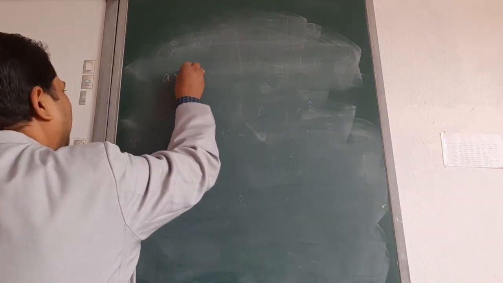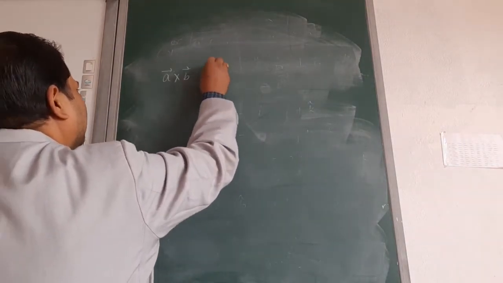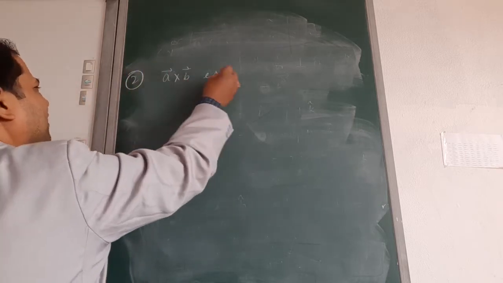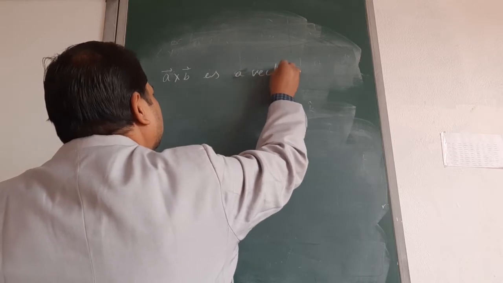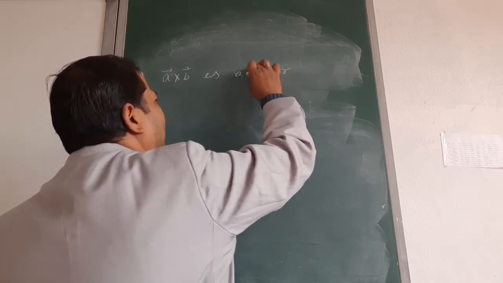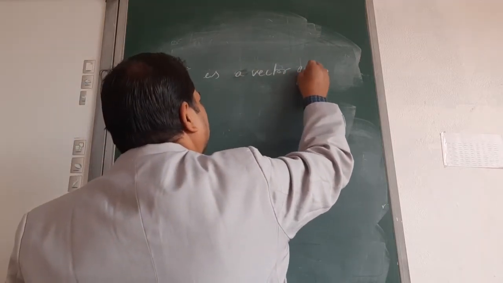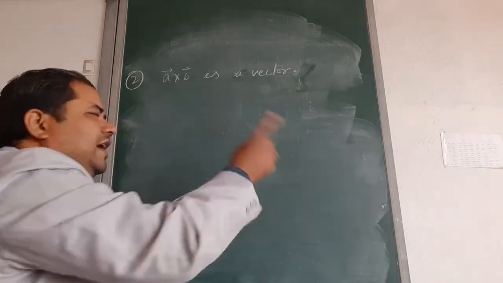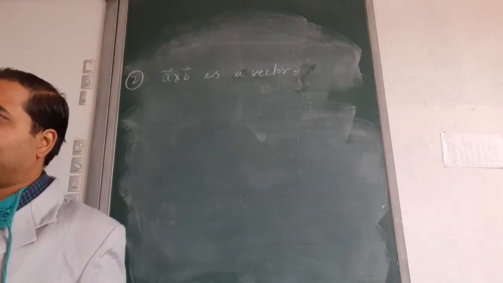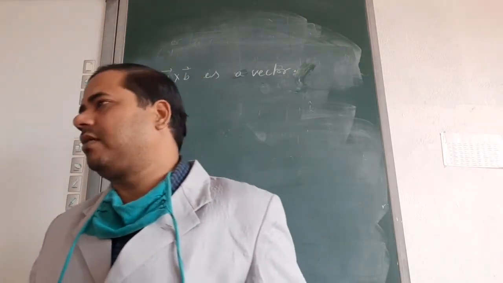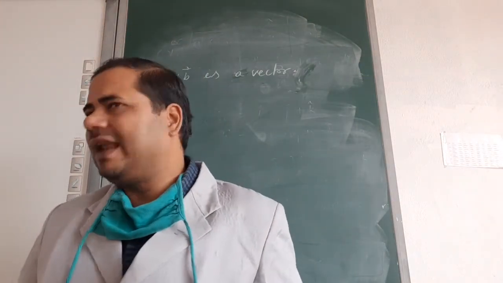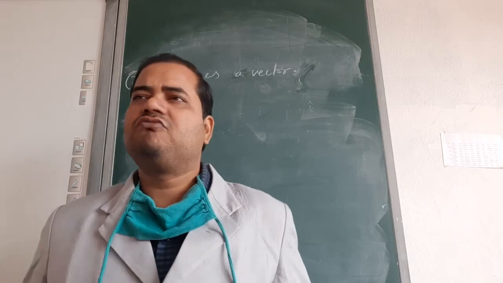This is the second remark. What will the result be, son? Vector quantity, or simply a vector. A cross B is a vector. But as in dot product, A dot B is a real number as well as a scalar. But here this is a vector.